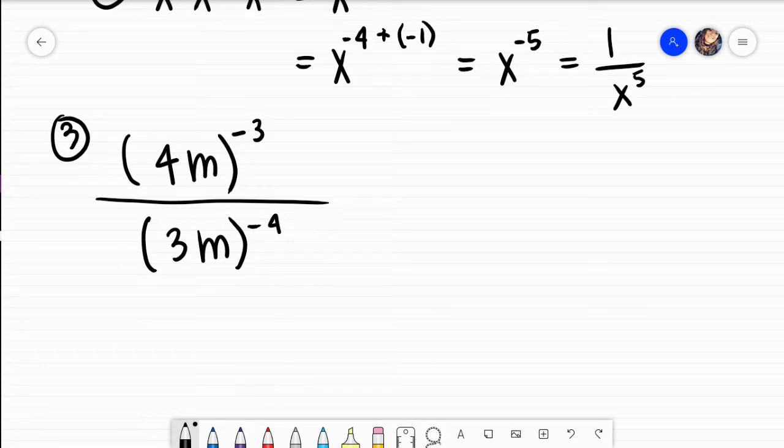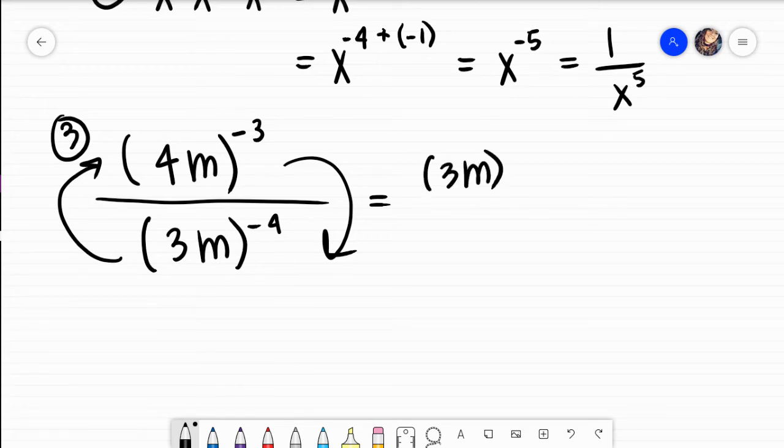It's in the top. So because that negative 3 is there, what I would do is bring it to the bottom. So this gets brought down. And then in my denominator, if it's negative in the denominator, then it's going to be positive in the numerator. So this is also a flip, or we're going to switch them. Okay, so what I get in parentheses is 3m all raised to the fourth over 4m all cubed.